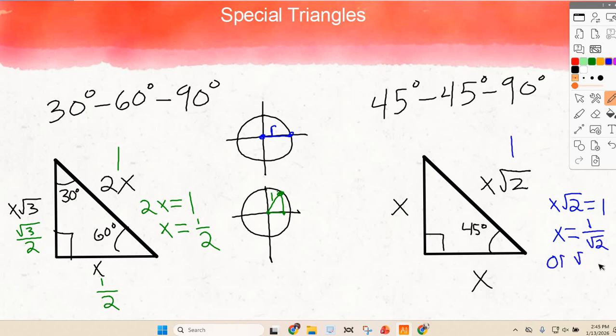Now, for purposes of our unit circle, it's just standard notation again. So you're going to see it as square root of 2 over 2, because that's me rationalizing, so multiplying the top and the bottom by square root of 2. Yes, no, maybe. Are we okay with that?